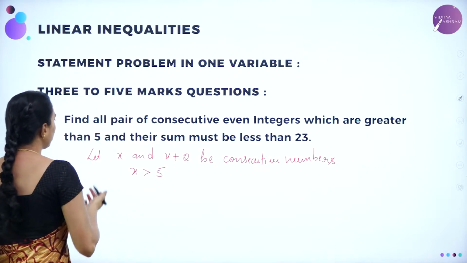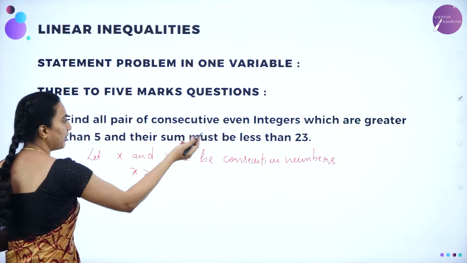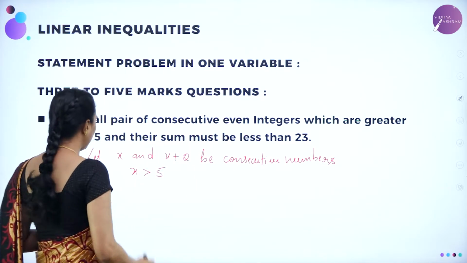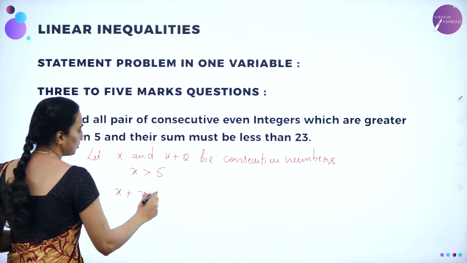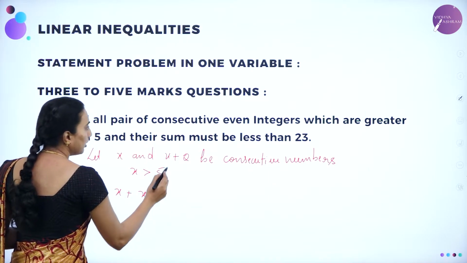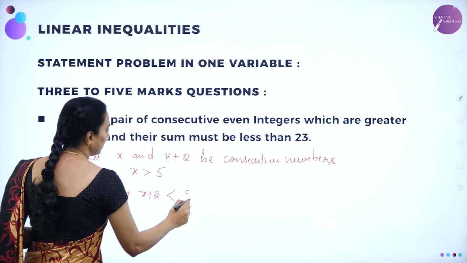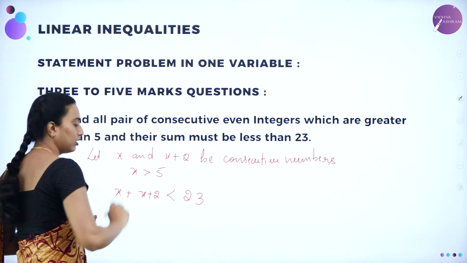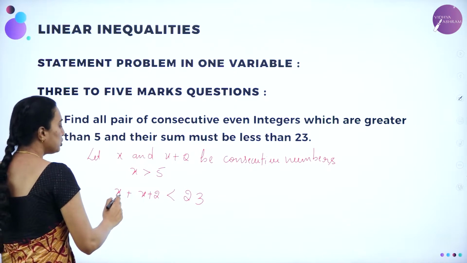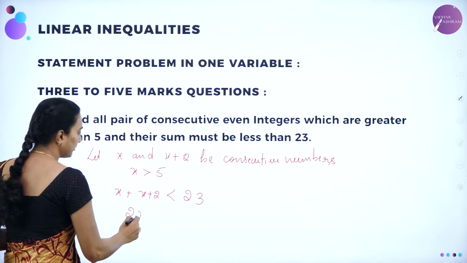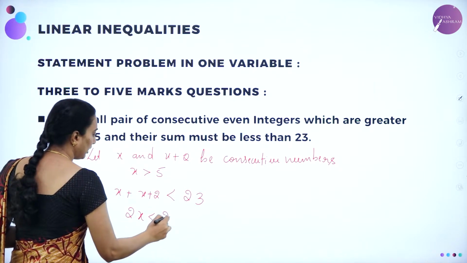Their sum must be less than 23. The sum of these two numbers, x plus x plus 2, is less than 23. So x plus x is 2x, plus 2, less than 23.